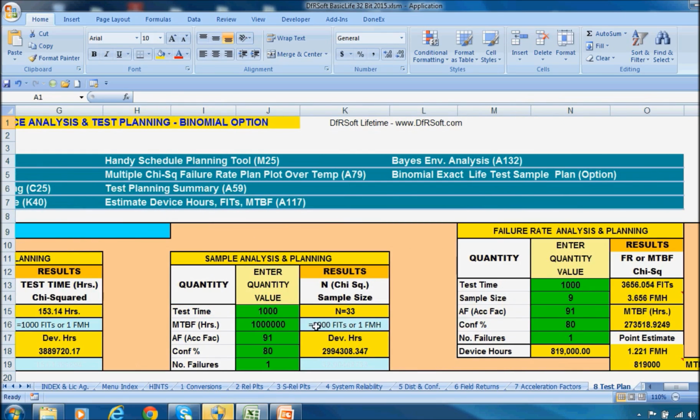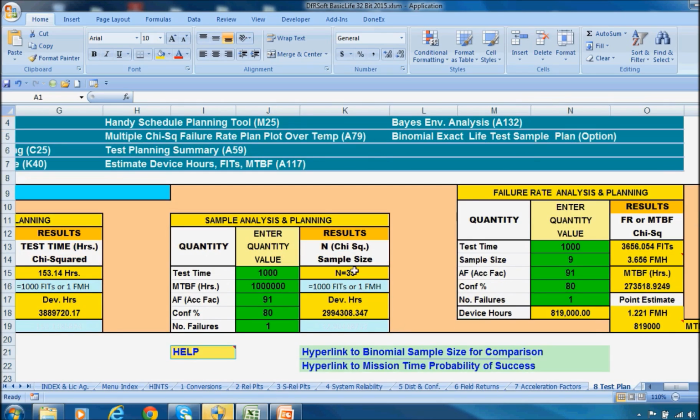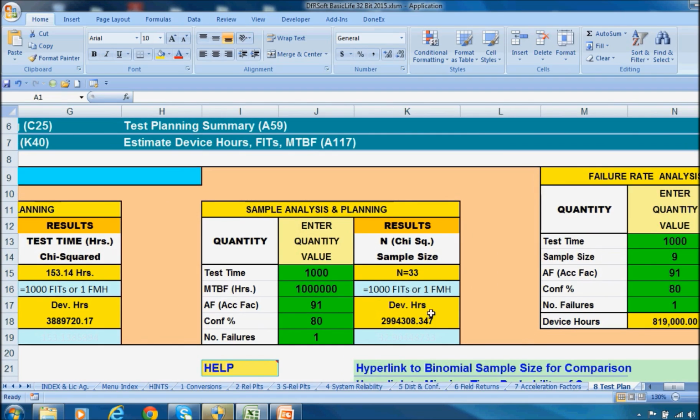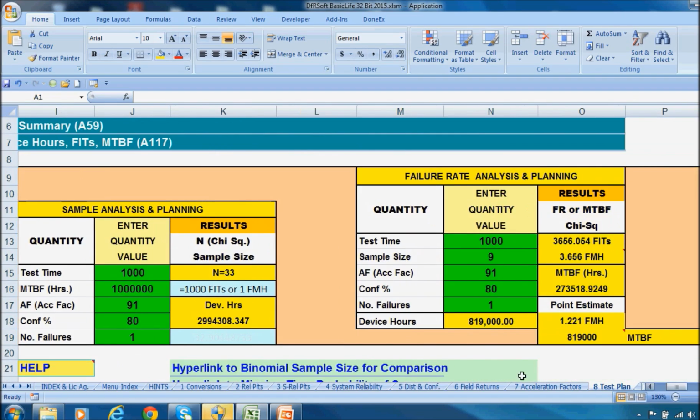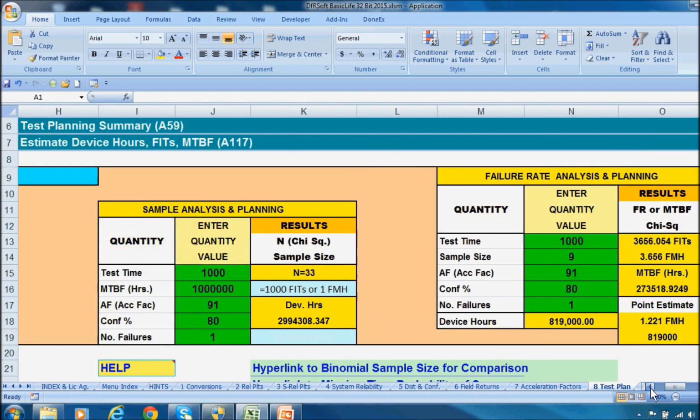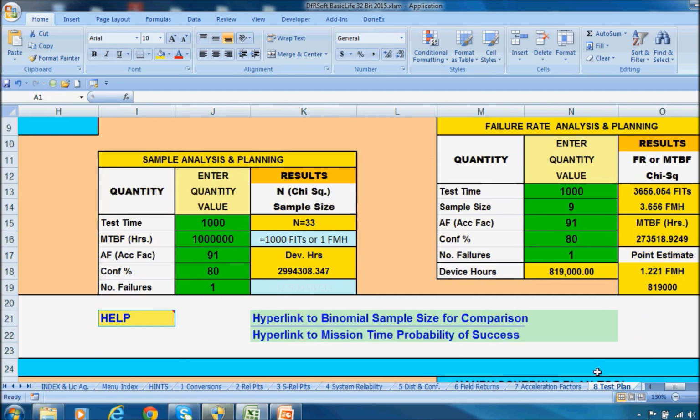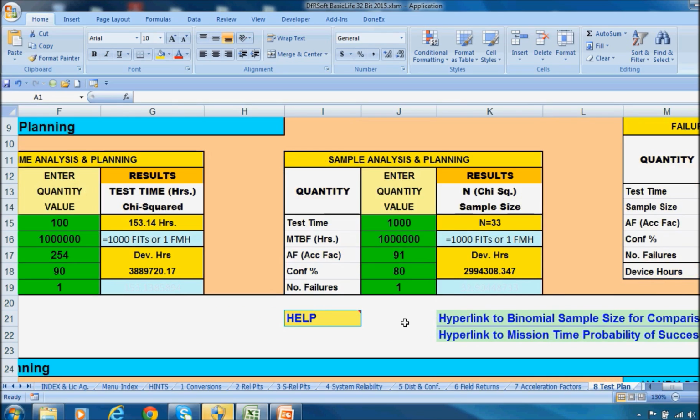So right here is our sample size calculator for a simple test, like just temperature testing, and we know our acceleration factor is 91. Remember, we enter things in the green squares, so we're going to put in 91 here.